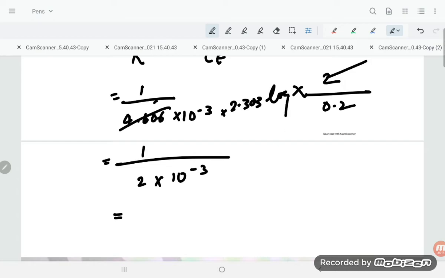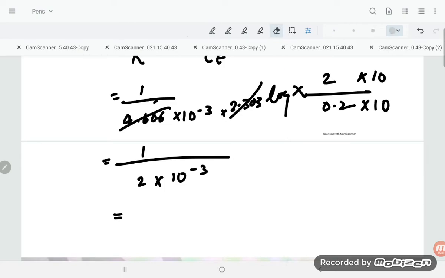Wherever we are cutting out, this 2 is not cancelled, it stays as it is. So log of how much? If you multiply by 10, the other is also 10, so 2 and 20, 10 will come. Log 10 means 1, so multiply by 2.303. This is already cancelled out.